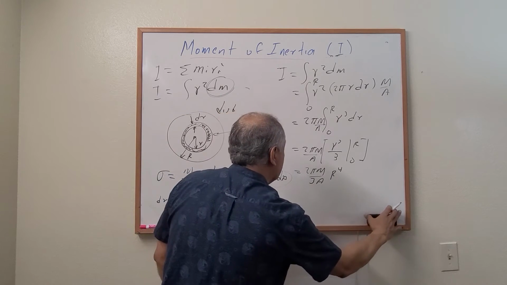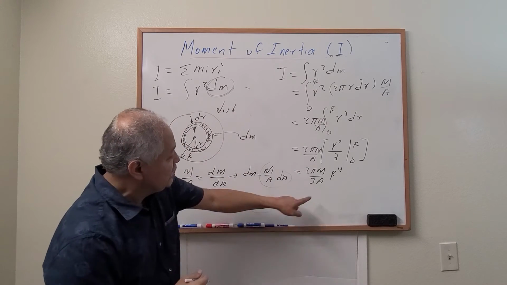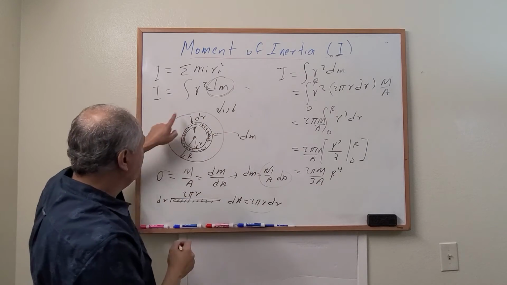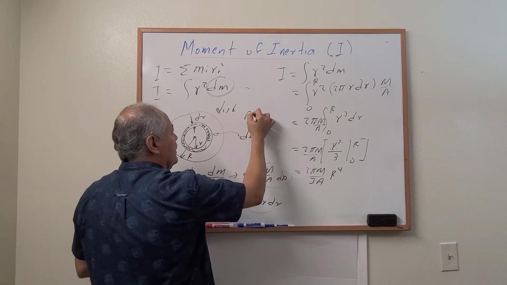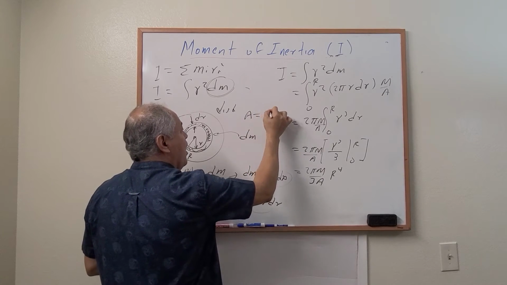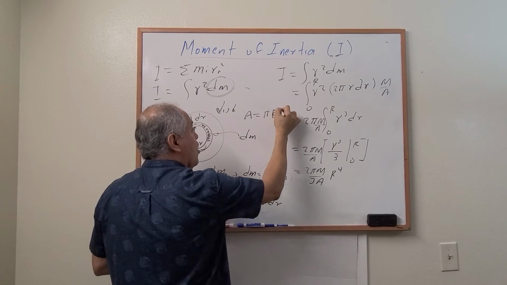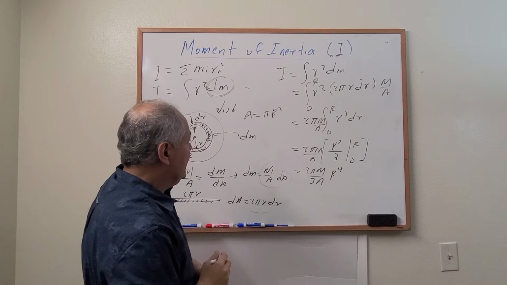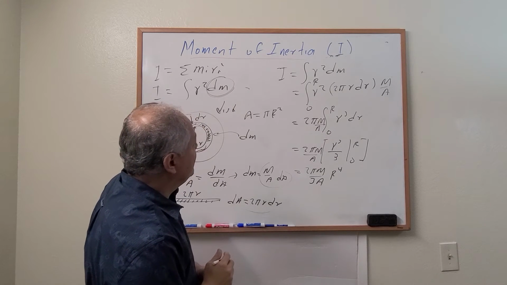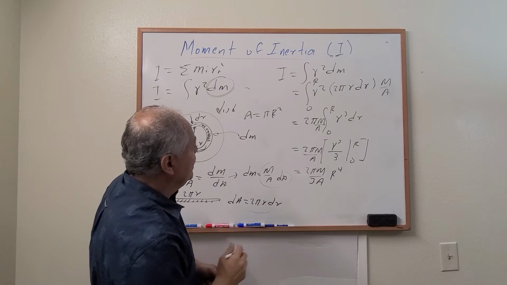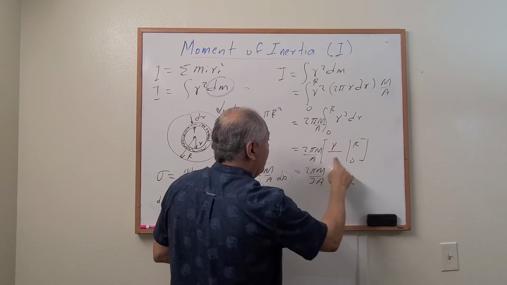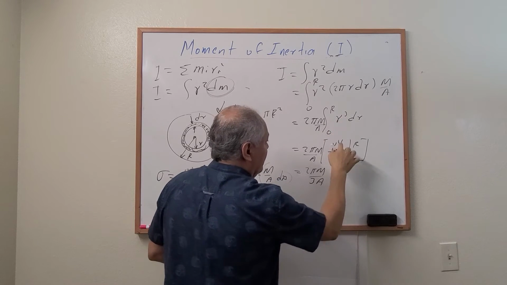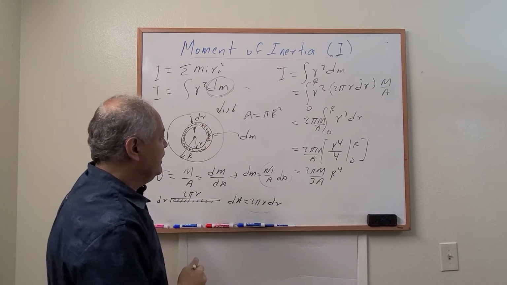Now, let's try to substitute the value for area. What is the area of a circle? Remember, the area of a circle is equal to pi r squared, correct? Actually, look, the integral is divided by 4. Sorry, it's going to be r to the 4 divided by 4, correct?